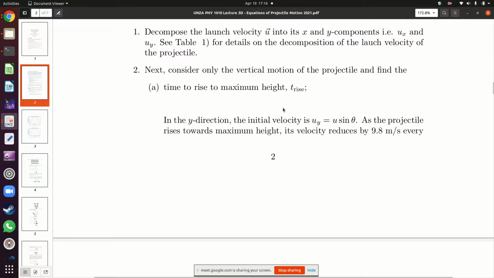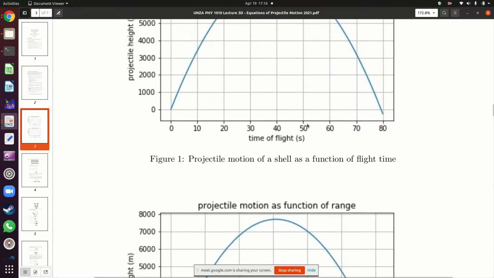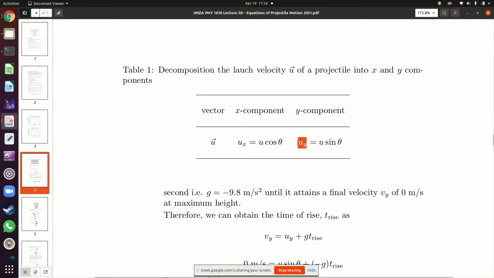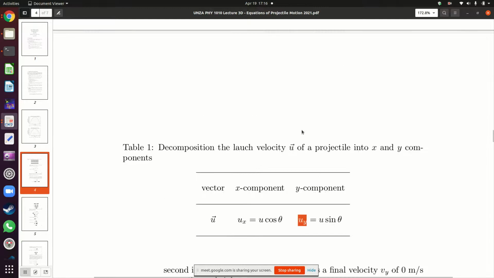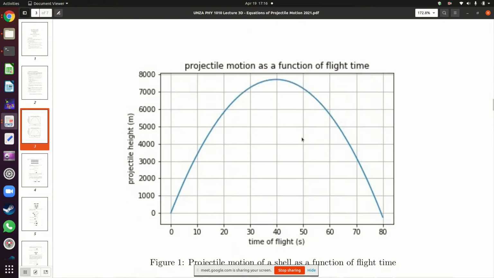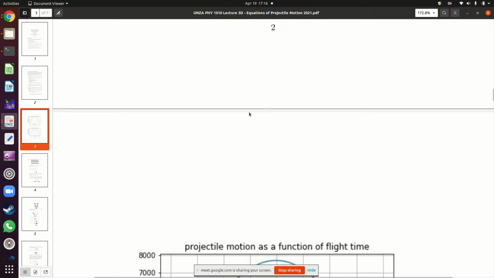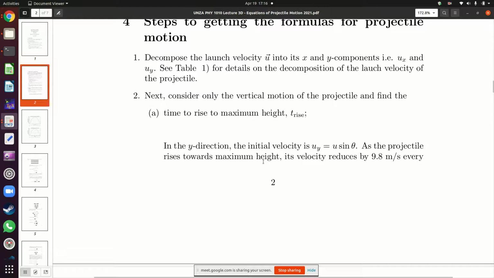Next we are interested in finding out the rise time. In the y direction, the initial velocity is u sin theta. The final velocity, when this projectile reaches maximum height, is going to be 0 meters per second, because at maximum height your projectile will have a velocity of 0 meters per second.